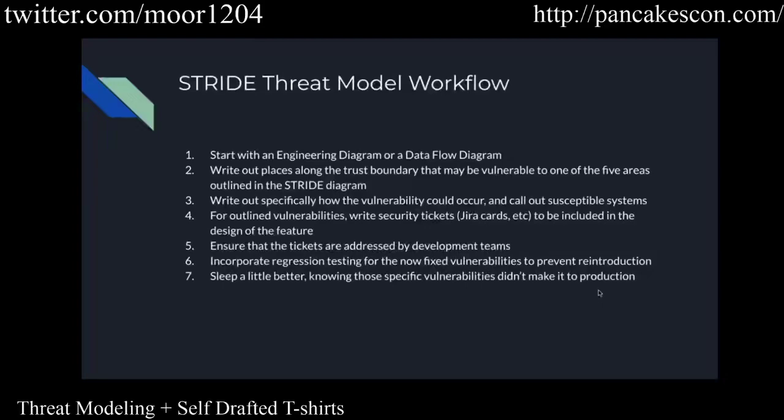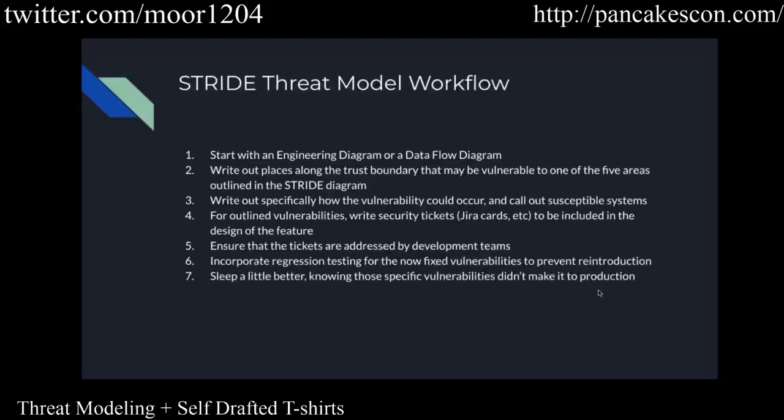Often they may decide this is not part of the GA of that particular feature, and it's important to reiterate that we want these security vulnerabilities addressed before we actually put this into production for users to utilize.